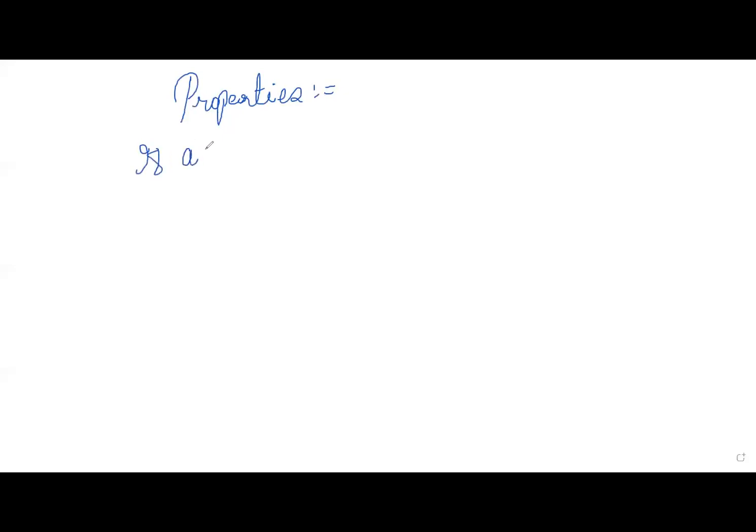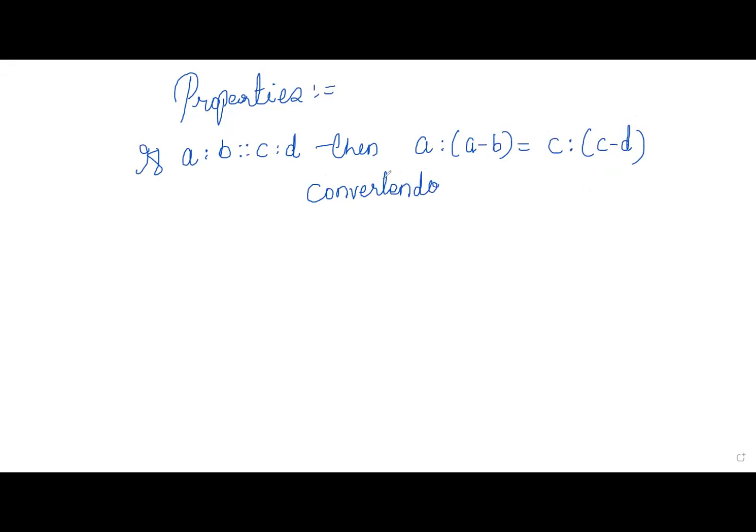If A is to B is to C is to D, then A is to A minus B is equal to C is to C minus D. This property is called convertendo. Okay, then next, invertendo.